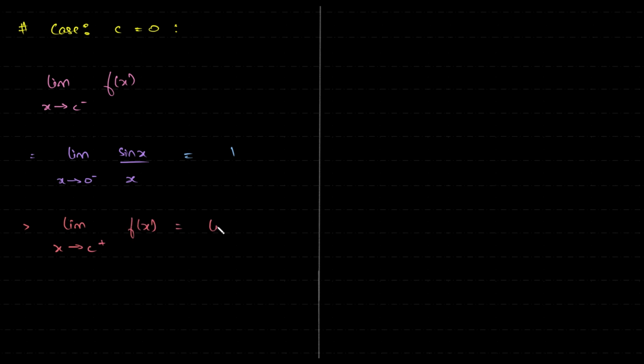Here the expression is x plus 1. Sorry, this is 0. And so on substituting, this is 1. And finally f of c, in this case f of 0, is equal to c plus 1, right? So f of 0 is 1.